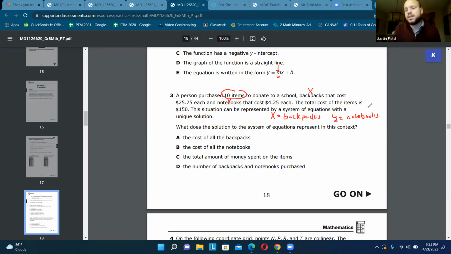It's a little sneaky, but they gave us enough information to create two equations. The first is that we have 10 items, backpacks plus notebooks, and we want to donate 10 total.